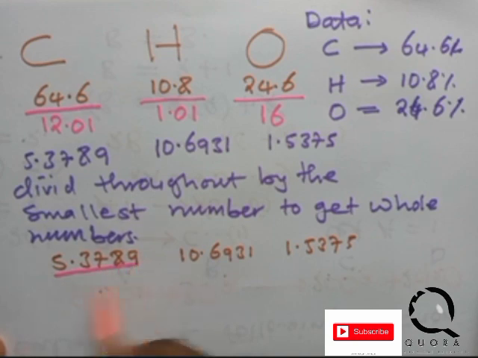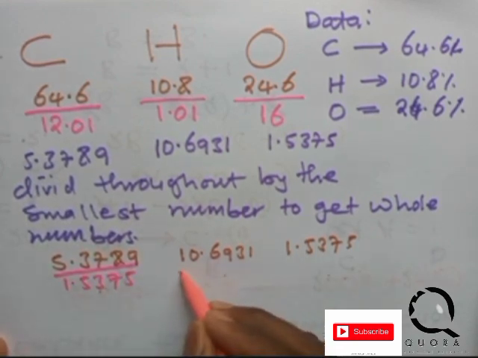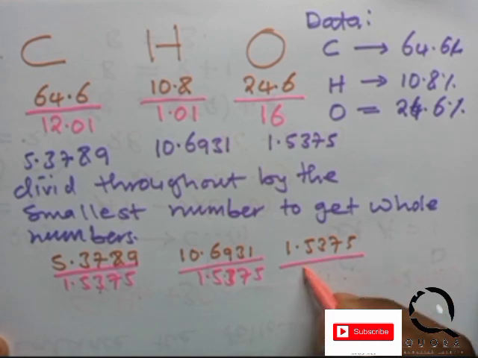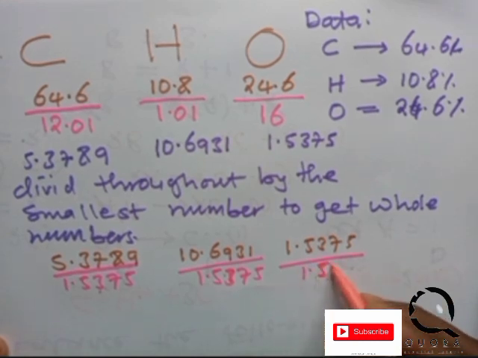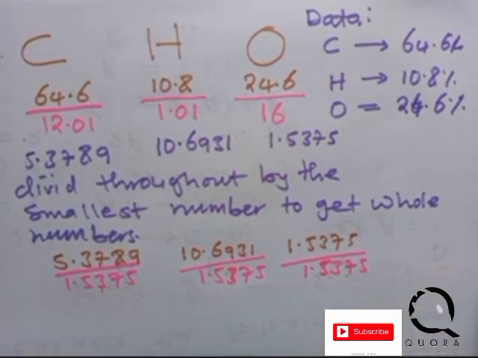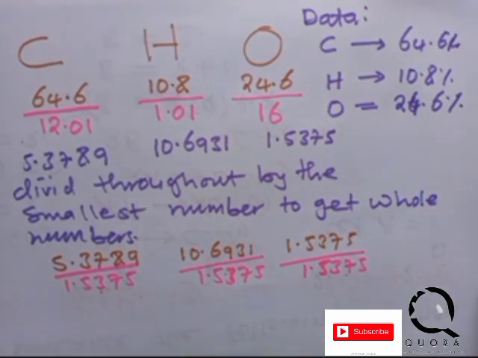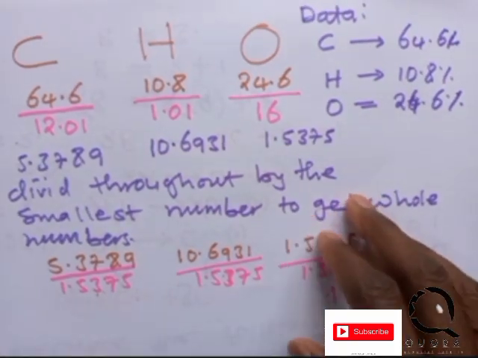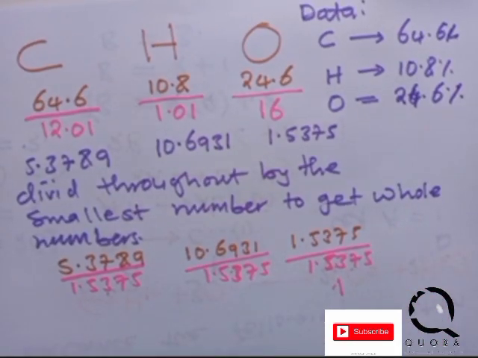So here I'll say 1.5375, 1.5375, and 1.5375. Okay, so here we are going to get 1 for this side.